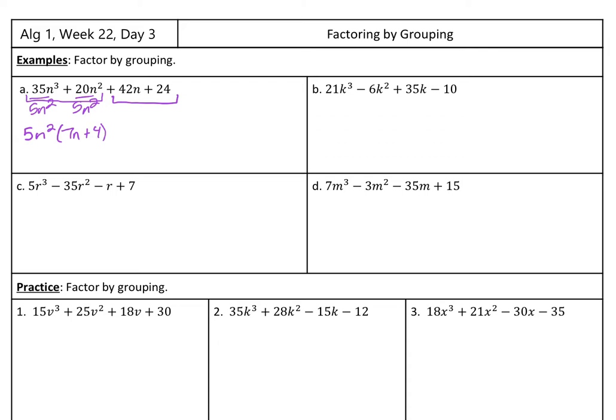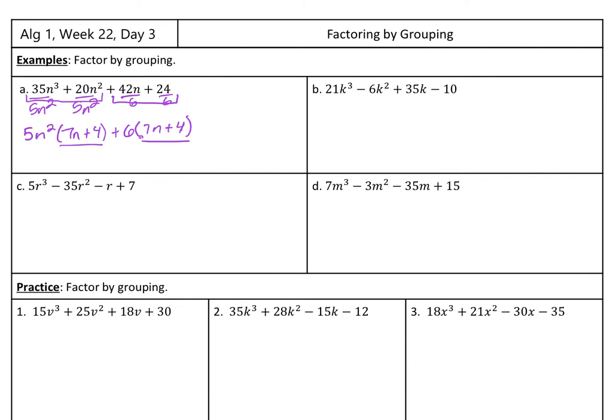And that means I can divide these both by 6. So I'm going to write next to what I already have plus, and then 6, and then in parentheses write what happens if I divide these both by 6. 7n plus 4.